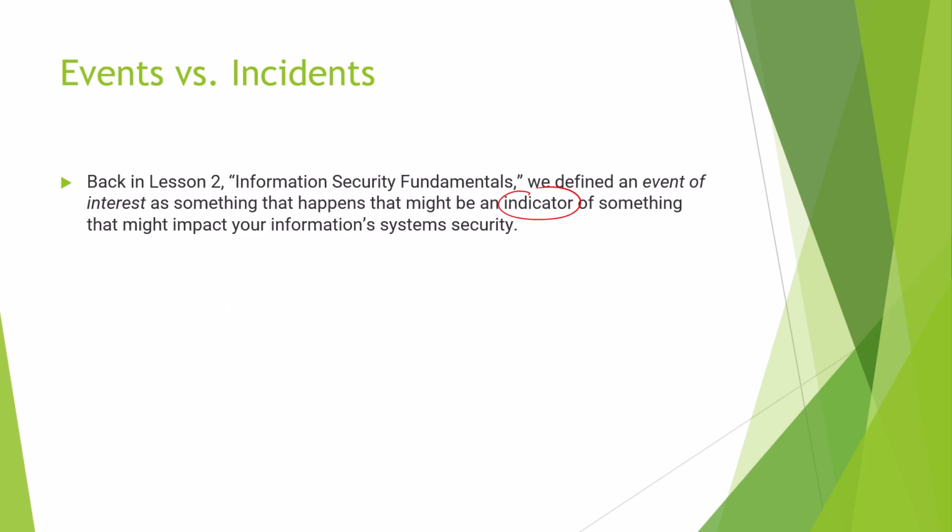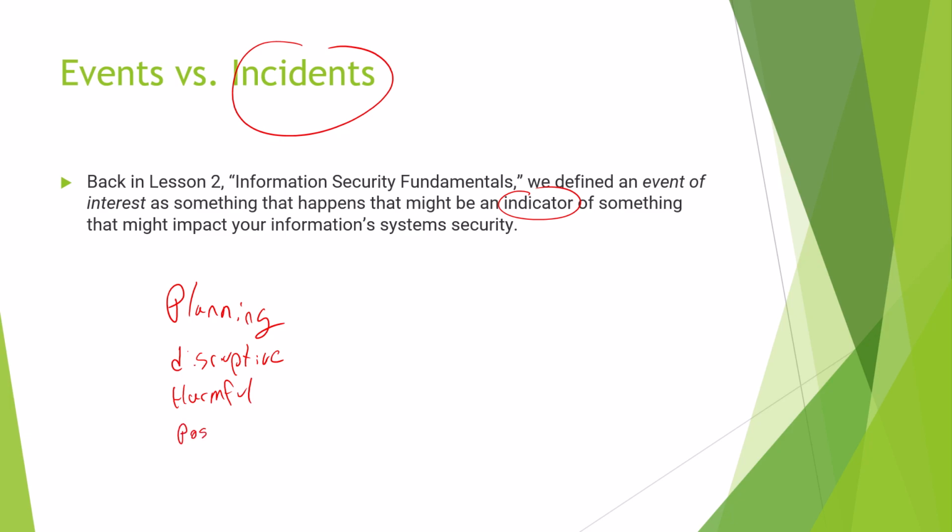So an incident is an event involving planning that is disruptive, that is hostile or harmful, that might compromise the CIA, that is confidentiality, integrity, and availability.